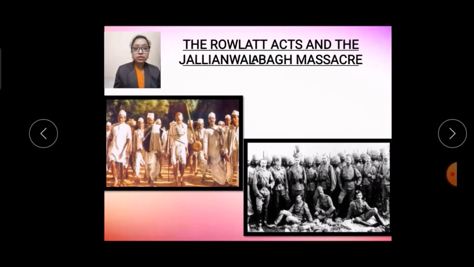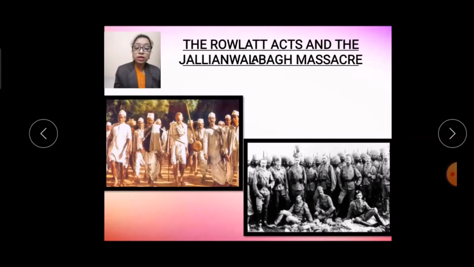Trial means the process in a court of law where a judge etc. listens to evidence and decides if somebody is guilty of a crime or not. So the British started these laws in which they could arrest anyone without a trial.